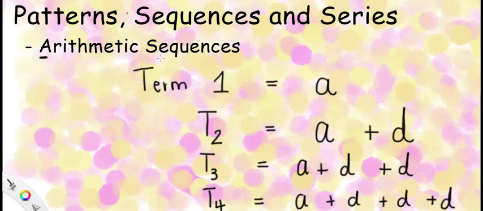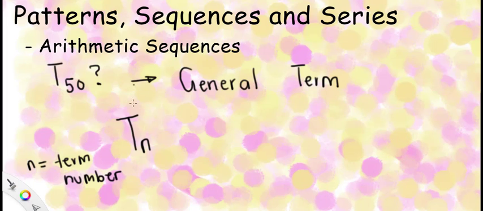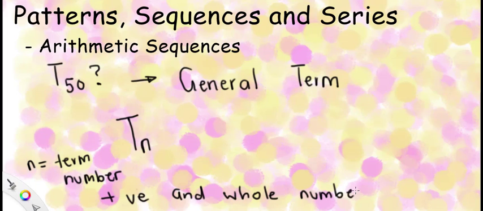So n will always be a positive number, and it's also a whole number: 1, 2, 3, 4. It's not 1.6 or 1 point whatever. So n, the term number, is always positive and a whole number, or an integer. Positive integer is the mathematical term for whole numbers.